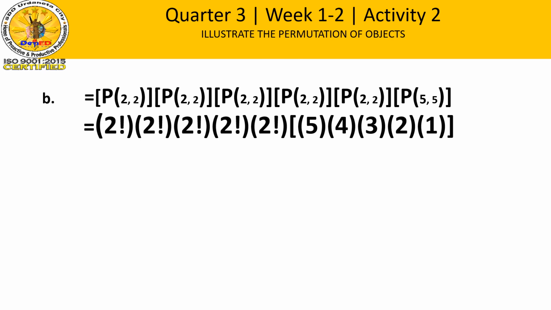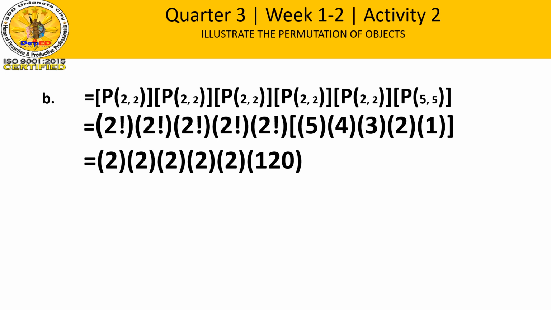So we have 2 factorial multiplied by 2 factorial multiplied by 2 factorial multiplied by 2 factorial multiplied by 2 factorial multiplied by the quantity of 5 times 4 times 3 times 2 times 1. Then we have 2 times 2 times 2 times 2 times 2 times 120, which is equal to 3,840.